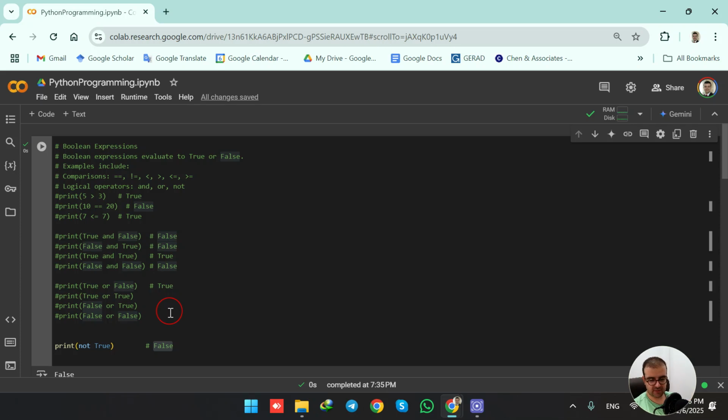But this is just an introduction for you to understand what logical operators are. So we learned that there is AND, there is OR, and there is NOT. These are three logical operators that we are going to use. In the section that we are going to talk about if conditions, we're going to use them practically in coding exercises.